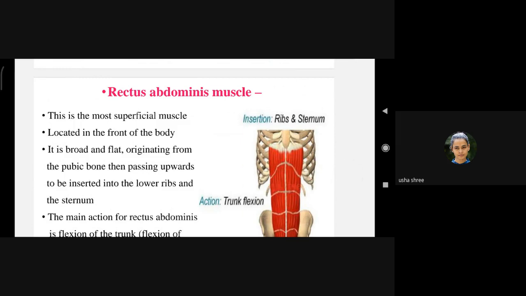This is the most superficial muscle. Superficial means it is at the surface level, covering our visceral organs. Visceral organs means organs present in our visceral area, that is our abdominal area. So this muscle is present at the surface level of our abdomen.